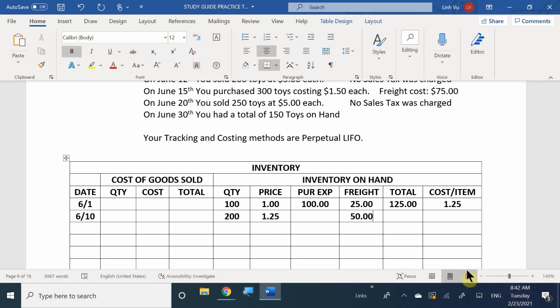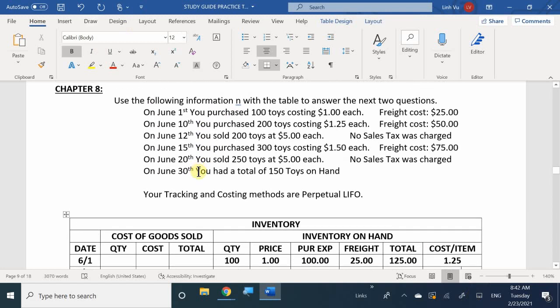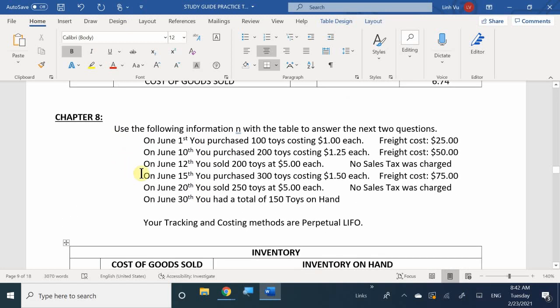So what's my total purchase price? 250. And my total cost? 300. And my cost per item? $1.50. Okay. So then what happened next on June 12th?